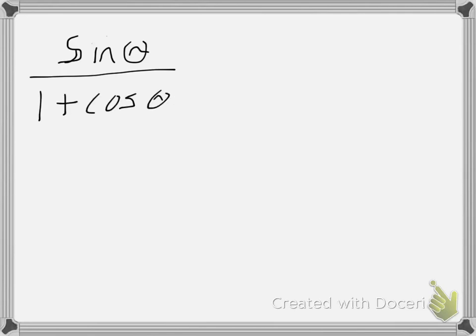Last thing we want to do is add some trig expressions. So let's add the sine of theta over 1 plus the cosine of theta to the cosine of theta over sine of theta.